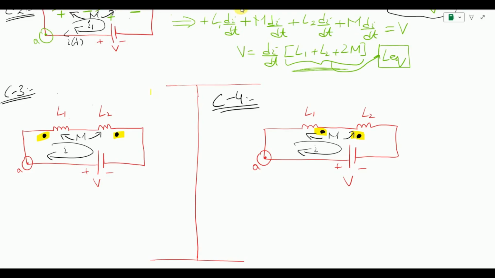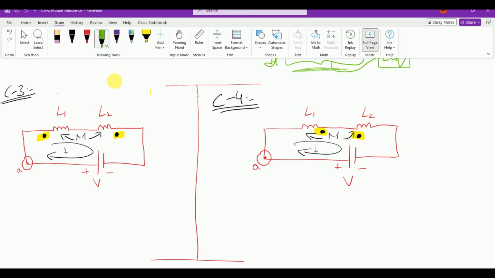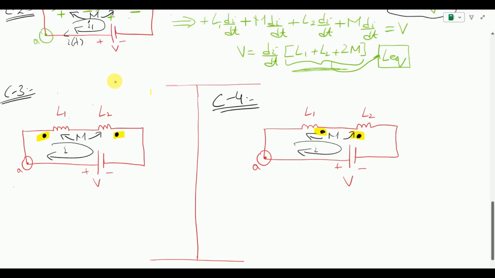So now let us start writing the equation for these two cases. So here the equation for case 3 comes out to be, if we start from node A, so the first thing we encounter, so this is the current I which is generated, this is the current I here, this is the current I. Same goes for case number 4 because it is going to help us. So equation will be L1 di by dt.